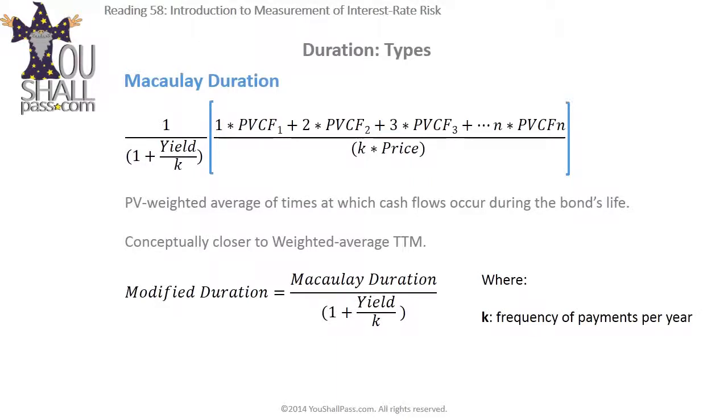The Macaulay duration is related to the modified duration by this formula, and while it's unlikely that you'll be called upon to actually calculate the Macaulay duration in an exam, it is useful to understand the conceptual underpinnings of it, and also to know this formula because you may be required to convert either from the modified to the Macaulay or vice versa.